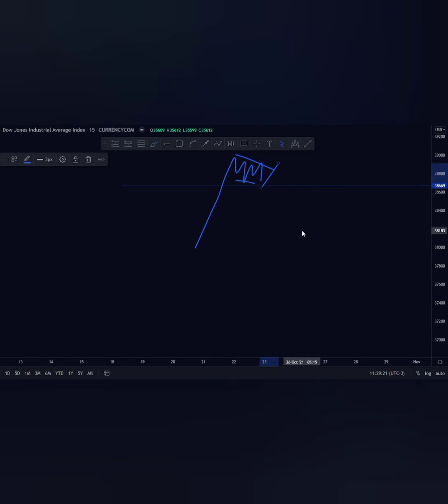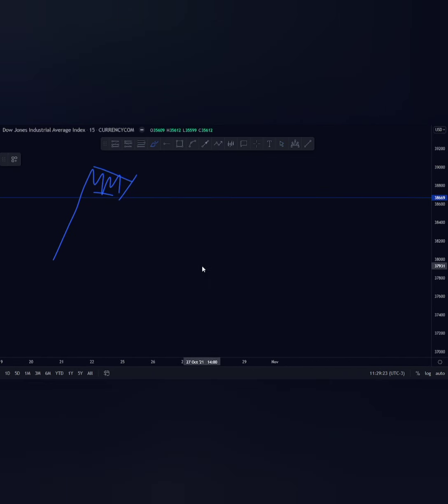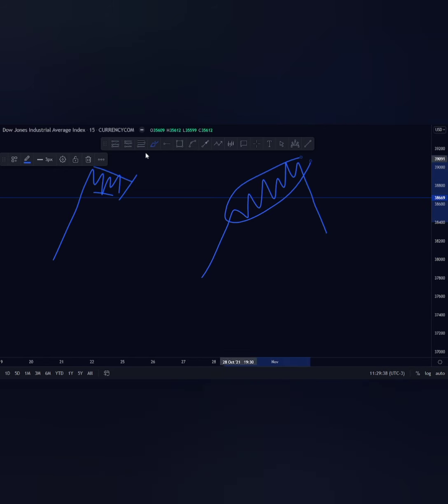But if price impulses up and starts to give us a rising channel, we know that price will soon break back towards the downside. Reason being, this is basically a way of catching people on the wrong side of the market.